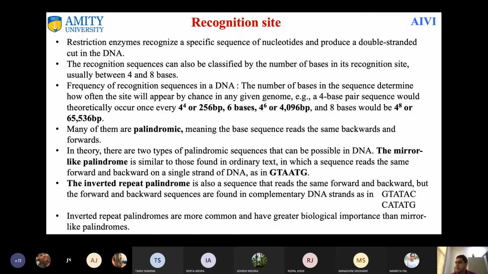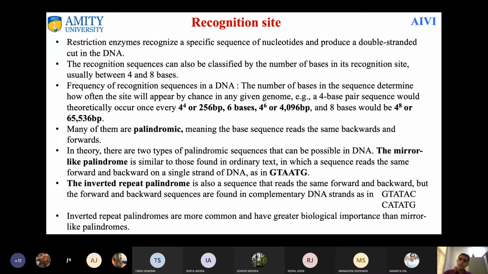Now, a simple point. We are saying that this recognition site is going to be a DNA sequence. So what type of DNA sequence? What are the properties of that DNA sequence? We all know that DNA simply means ATGC, and these are arranged in different fashions, like your genetic code.